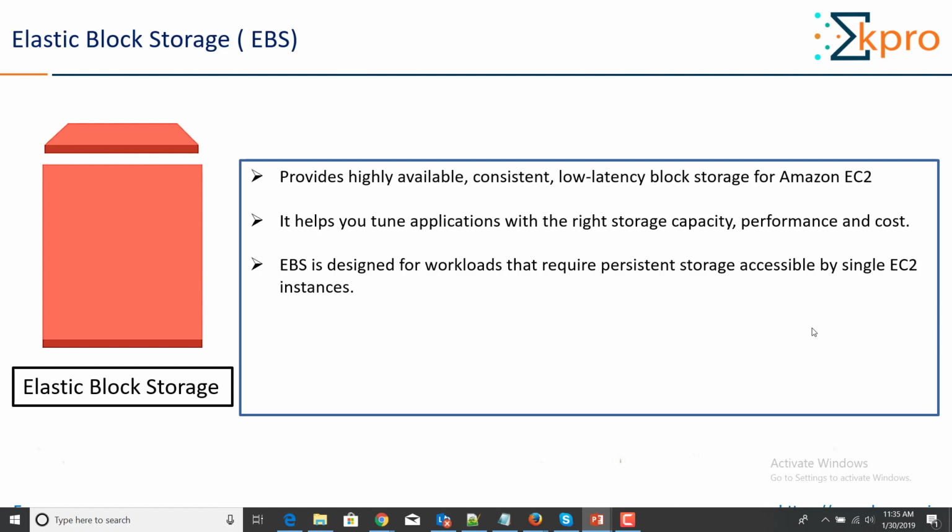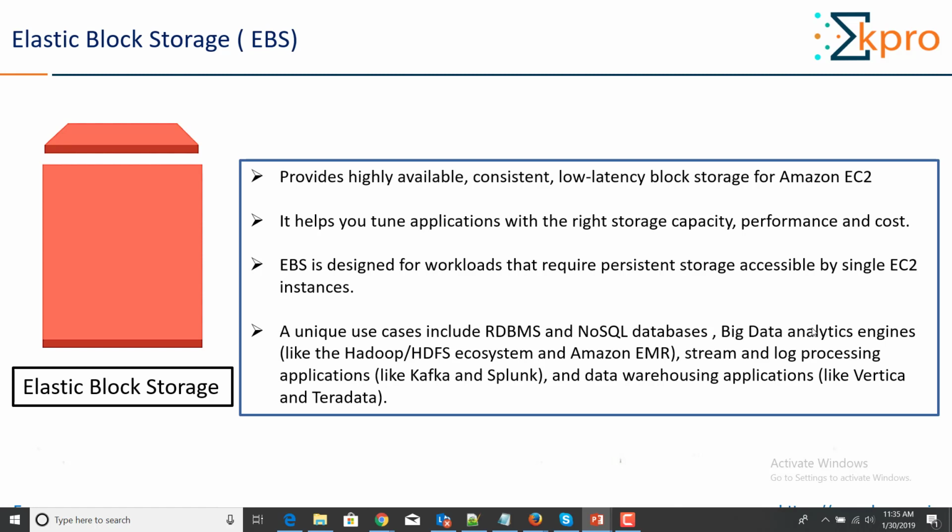Suppose tomorrow you have to launch a virtual machine, so you will use an EC2 instance. In the EC2 instance you need storage, so you choose Elastic Block Storage and add it. The typical use cases include RDBMS and NoSQL databases, big data analytics engines like Hadoop and HDFS ecosystem, and Amazon EMR (Elastic MapReduce), stream and log processing applications like Kafka and Splunk, and data warehousing applications like Vertica and Teradata.